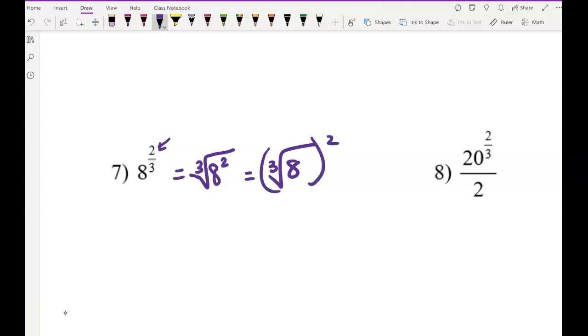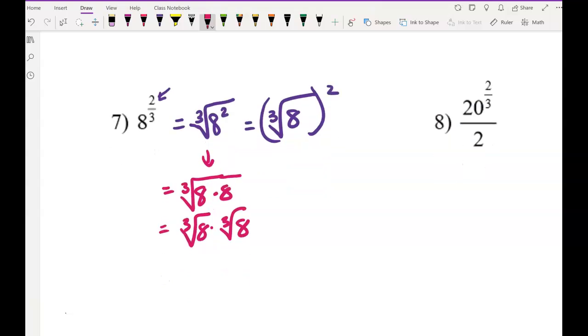It's up to you to use whichever one you want. So I'm going to use this one. The cube root of 8 squared is 8 times 8, which is the cube root of 8 times the cube root of 8. As you can see, it's identical. Then that means the cube root of 8 is 2 times 2, and that's going to give us 4.